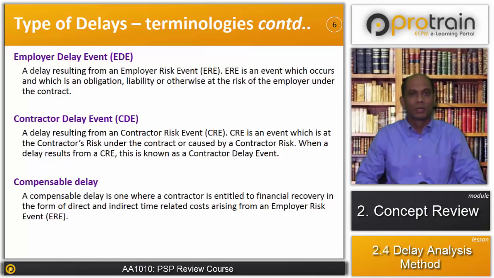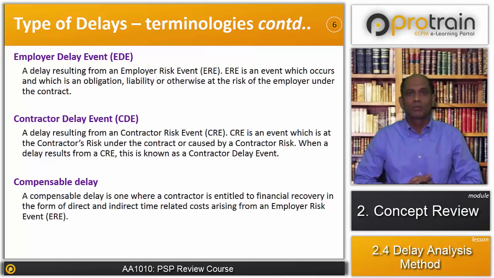Similarly, we have contractor's delay event or CDE. A delay resulting from contractor's risk event, CRE, is a contractor's delay event. CRE is an event which is at the contractor's risk under the contract or caused by the contractor. When a delay results from CRE, it is known as contractor's delay event.